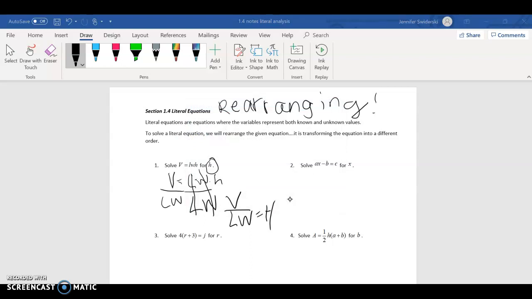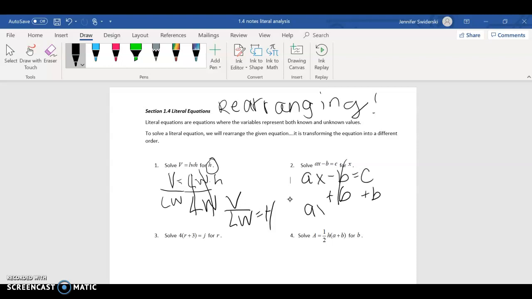It says AX minus B equals C, solve for X. We want to isolate X, so I'm going to rewrite the problem: AX minus B is equal to C. With order of operations, I'm going to add B to both sides.